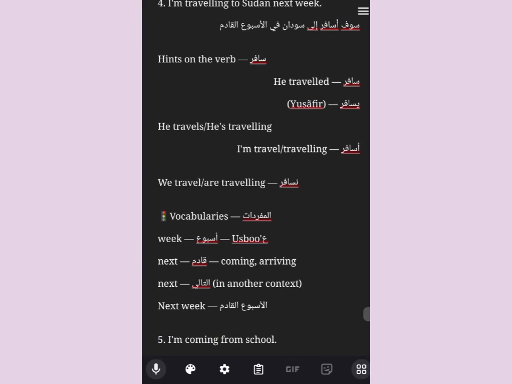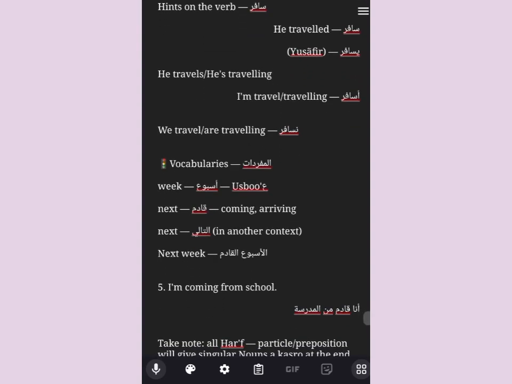Now let's look at some vocabulary in these examples that we have. Vocabularies, al-mufradat. So week is usbu'. Qadim means coming, arriving. However, by context, you can say al-usbu' al-qadim or usbu'un qadimun, that is a week coming, which is next week anyway.